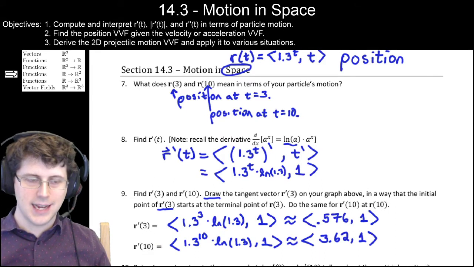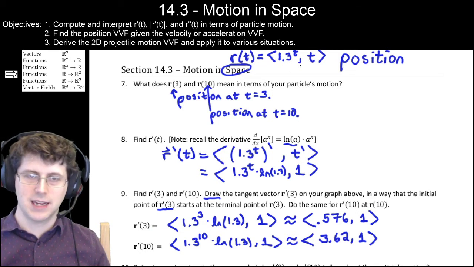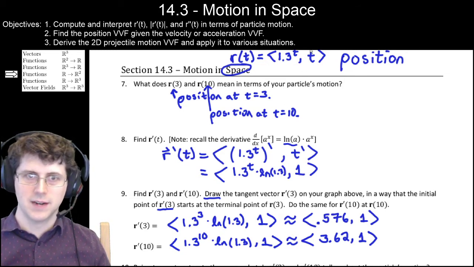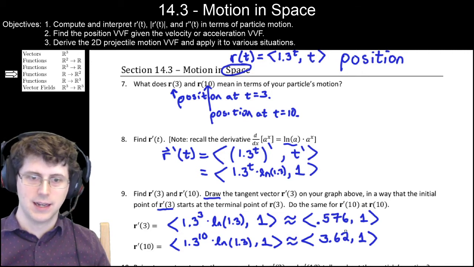At time 3, which means at 1.3 to the third, comma 3, we want this velocity vector. So wherever y equals 3, because that's where t equals 3, I'm going to put this vector.